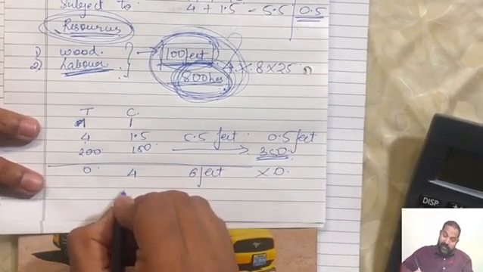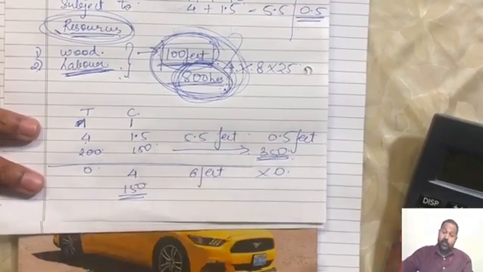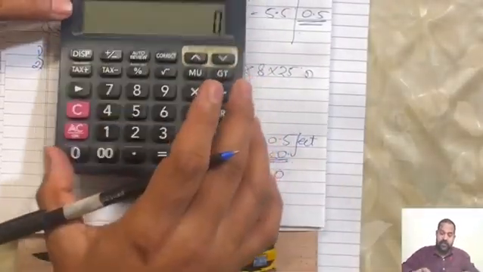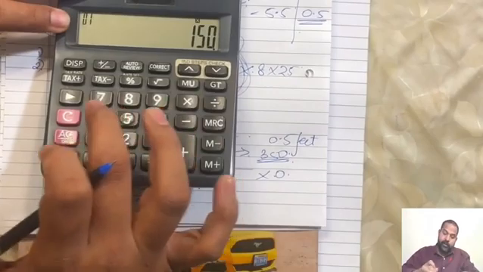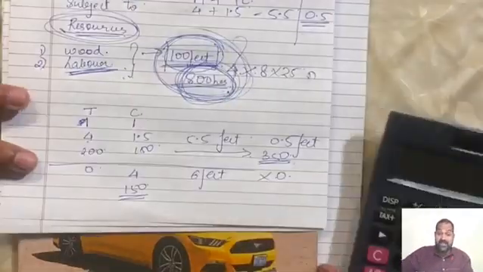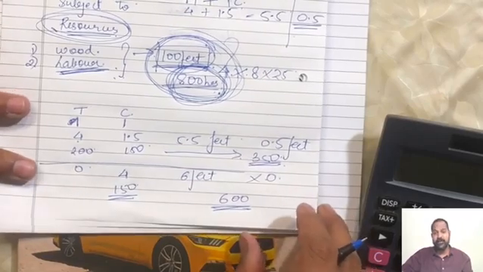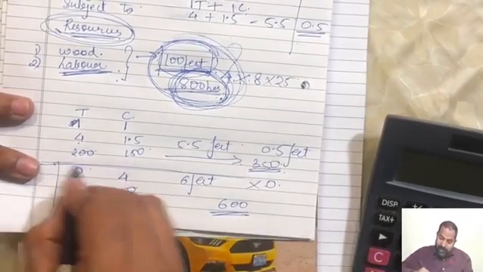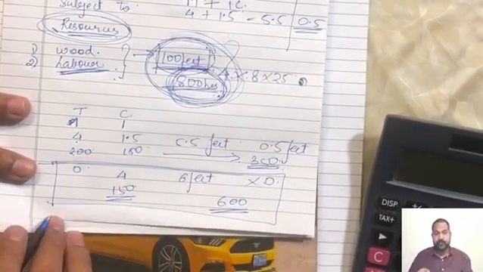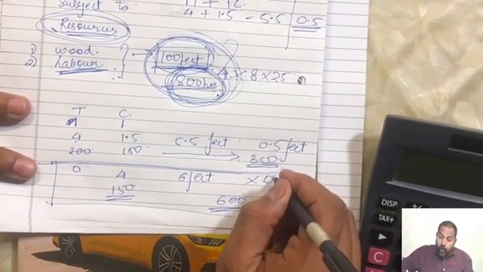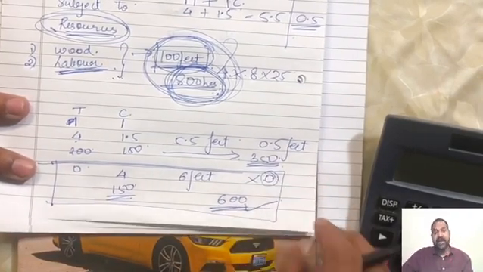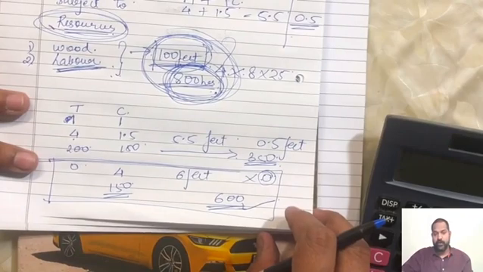Well, one chair gives me a profit of 150 rupees. You are making 4 chairs. 150 into 4 is going to be 600 rupees. I get a profit of 600 here. So in the second option, no wood is wasted and I get a very good profit.